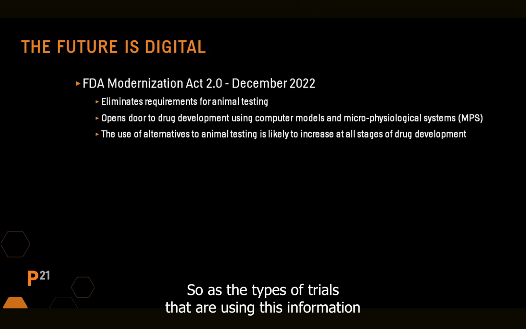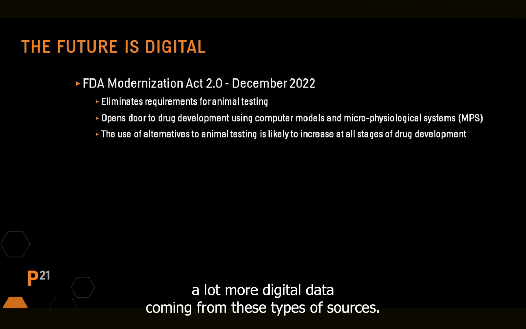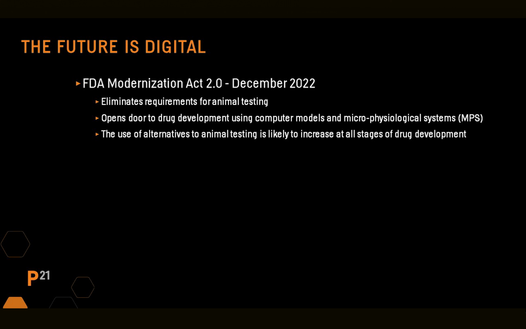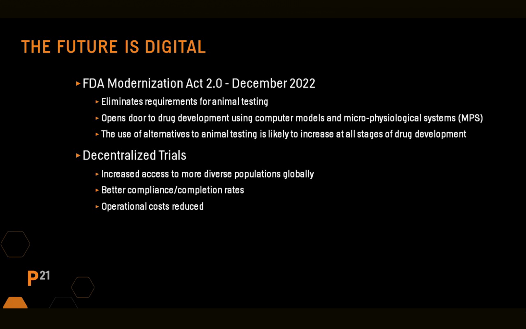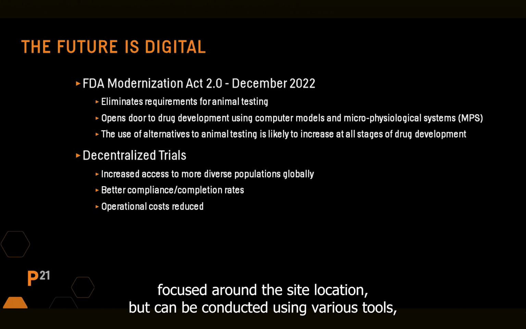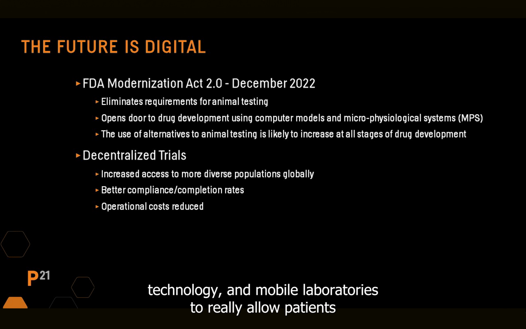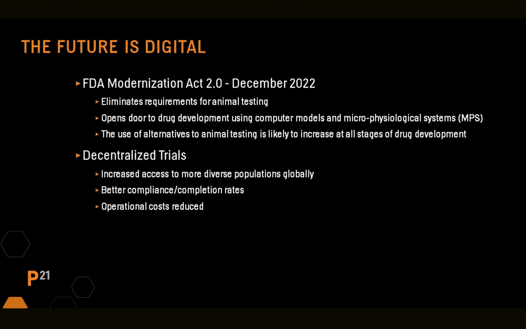So as the types of trials that are using these new technologies continue to increase, we're going to see a lot more digital data coming from these types of sources. Following COVID-19, we're also seeing a lot more decentralized trials. Decentralized trials are trials that are not necessarily focused around the site location, but can be conducted using various tools, technology, and mobile laboratories to really allow patients to participate in clinical trials from almost anywhere.